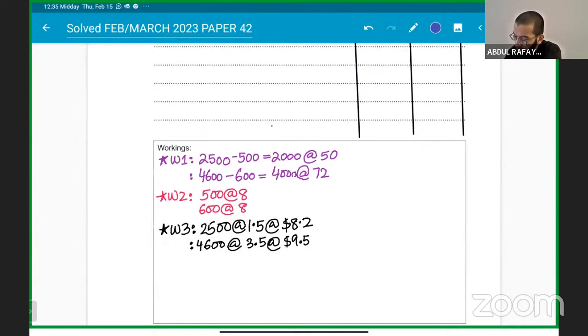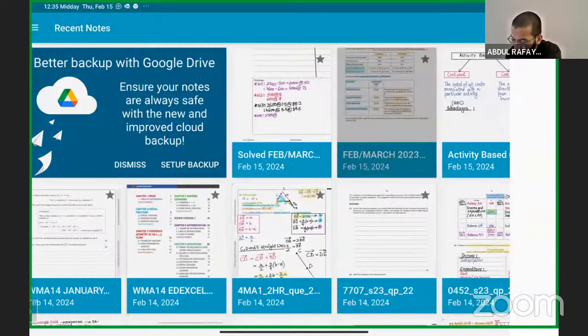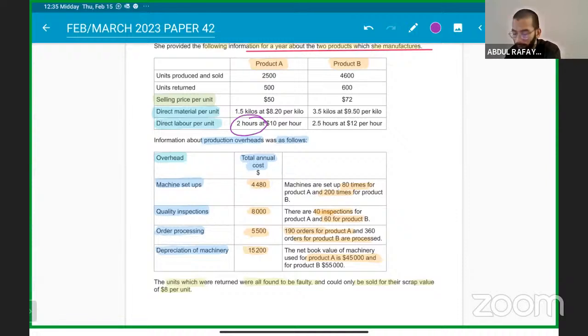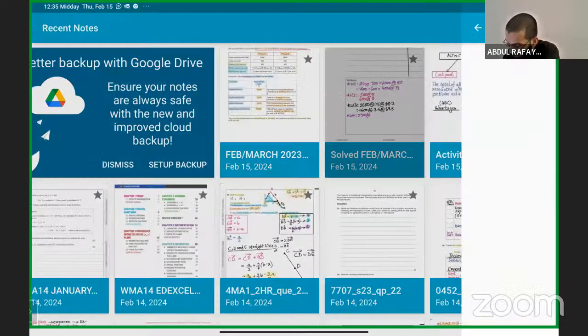Similarly, the same case will apply with direct labor as well, guys. Everyone getting this clear? So working number 4 will be direct labor. How much is one unit requiring? One unit requires how many labor hours, sir? One unit of product A requires 2 labor hours, and we are going to pay $10 per hour. So it will be 2,500 into 2 into $10. That will be total direct labor cost.